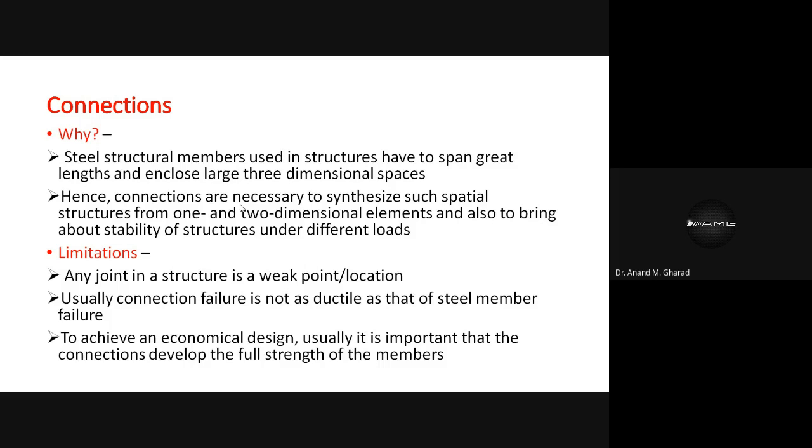For example, if you are connecting a beam and a column, lengths of the beam and the columns are quite more compared to this connection. Okay, the point at which these two things are getting connected, we will call it as the joint.